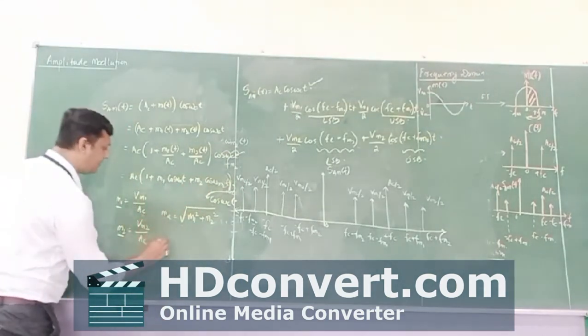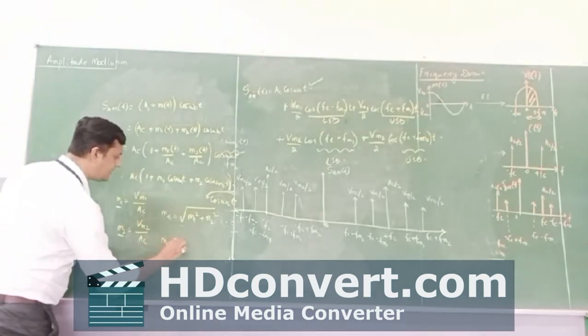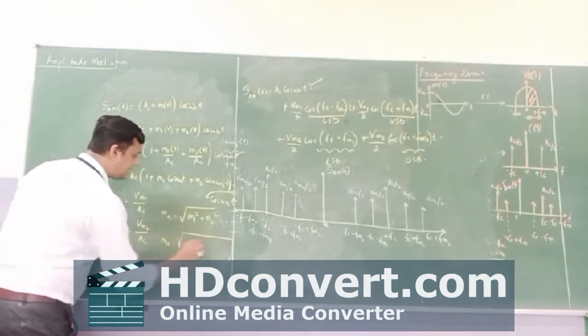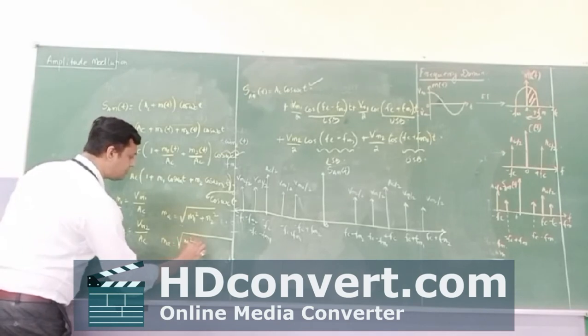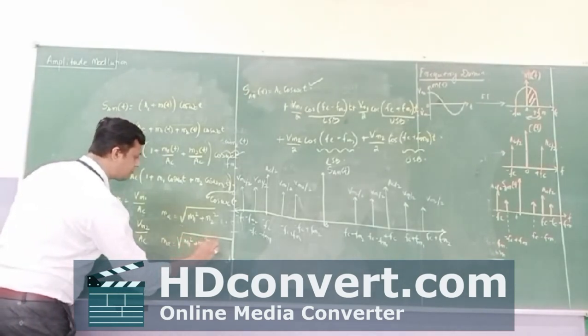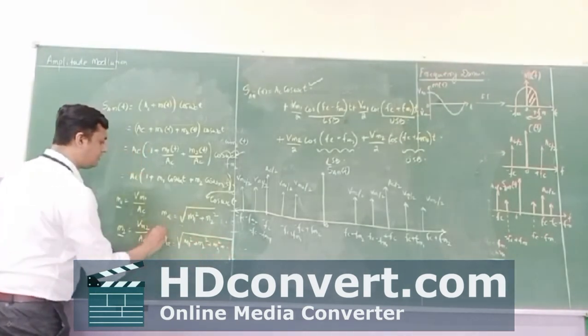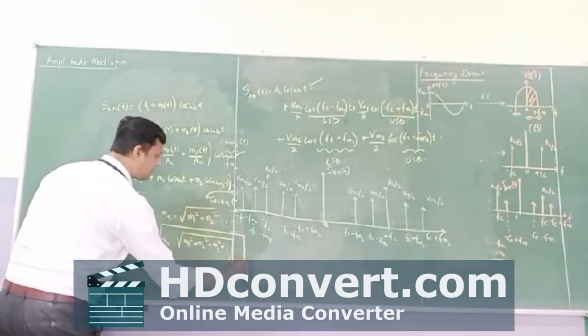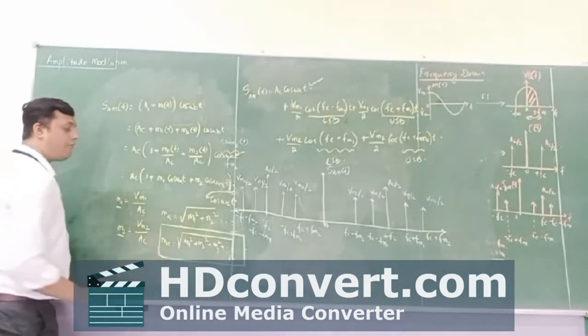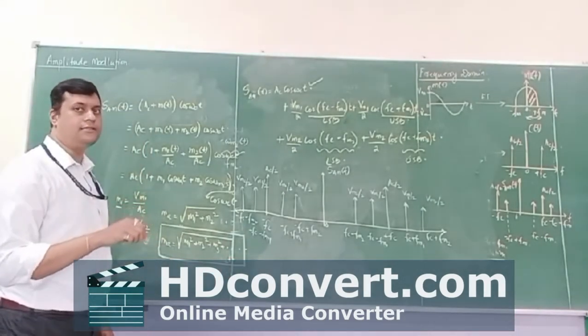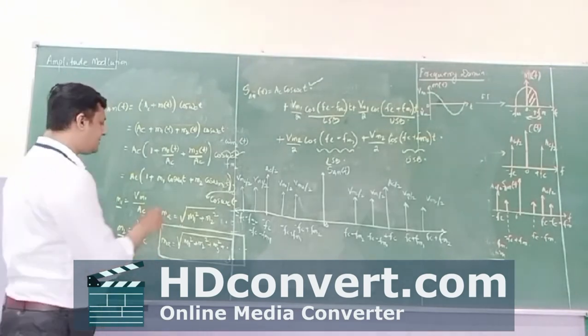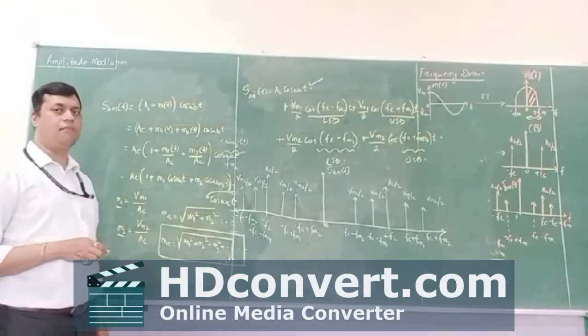So, for example, I can write in general MA is equal to root over of m1 square plus m2 square plus m3 square plus dot dot dot. This is the general representation of the net modulation index for a multi-tone signal.